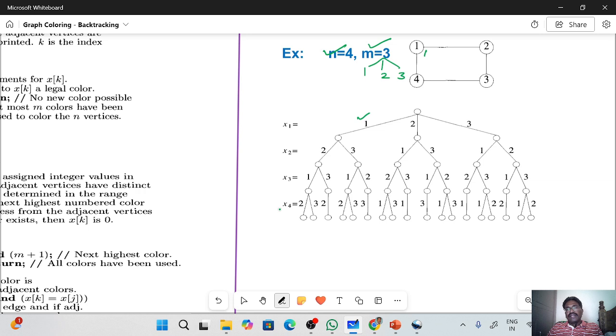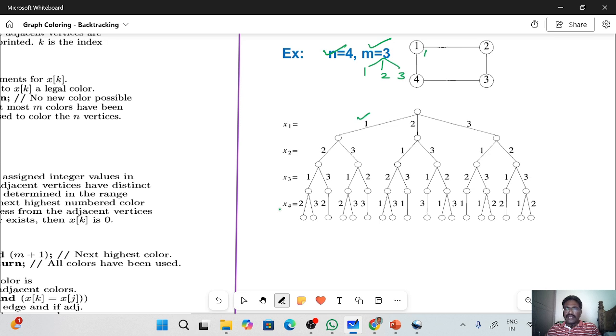I hope you are good at the general backtracking approach. In backtracking, coloring the kth vertex is possible if and only if vertices 1 up to k minus 1 are colored; then only do we have the right to think about the kth vertex. So when I think about the second vertex, that means the first vertex is already colored. Now I am going to check it. What is the second vertex color?